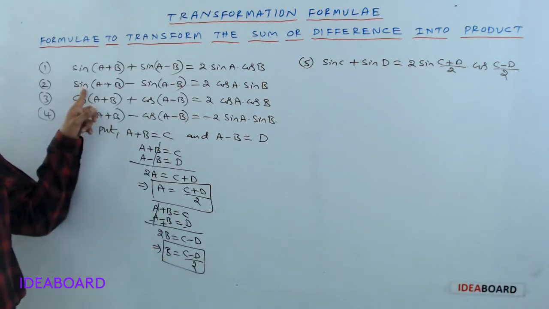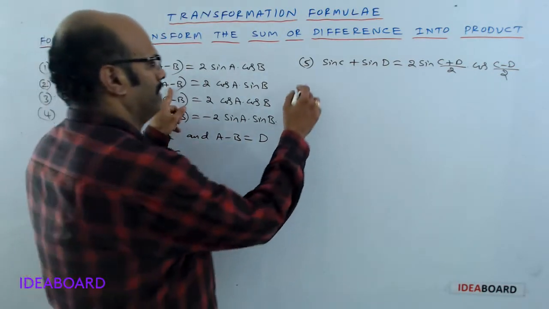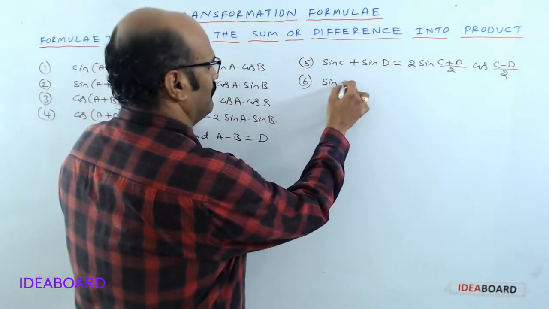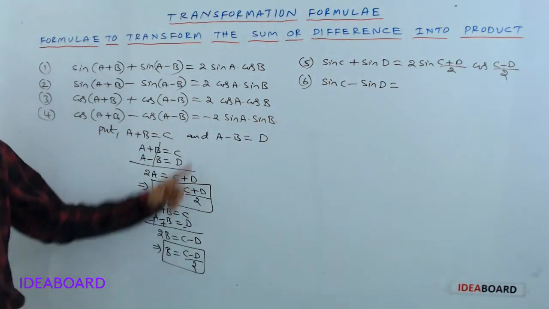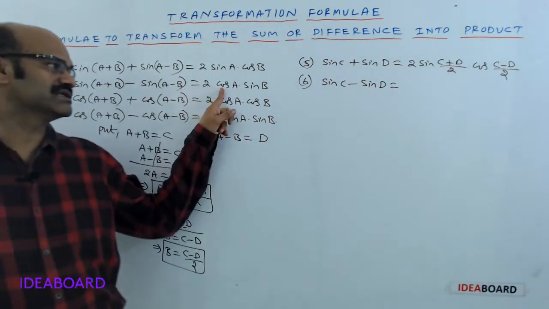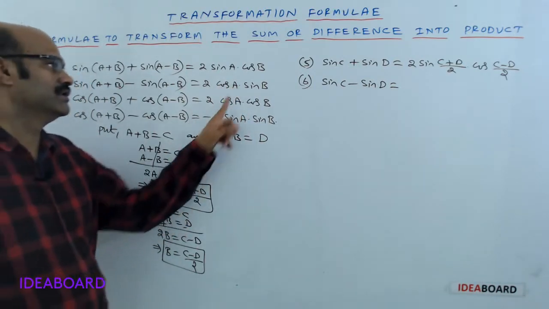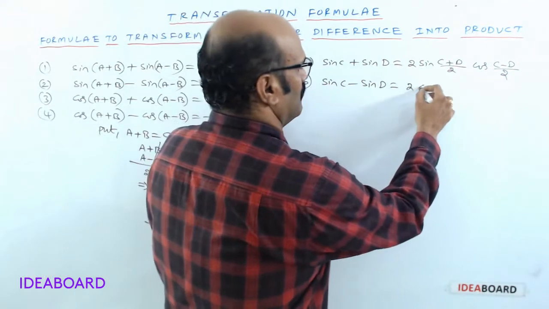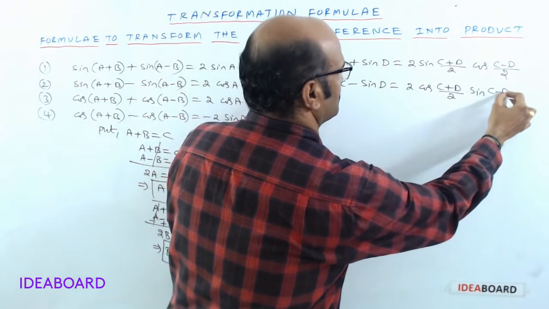Next, the second formula becomes sin c minus sin d equal to 2 cos of c plus d by 2 into sin of c minus d by 2.